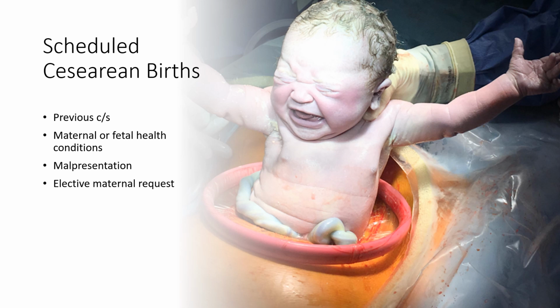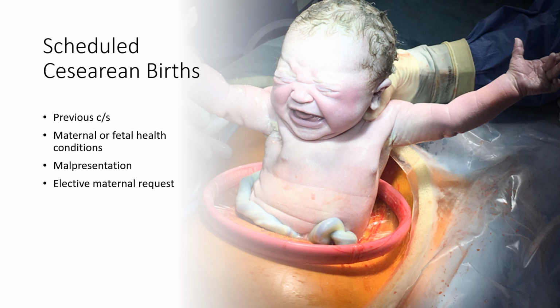So reasons for scheduled C-section are if they've had previous C-sections, or if there's a known maternal or fetal health condition. So let's say I have placenta previa, or baby's breech, or there's some sort of heart condition with my baby, or something like that, it'd be better off to just have a scheduled C-section.